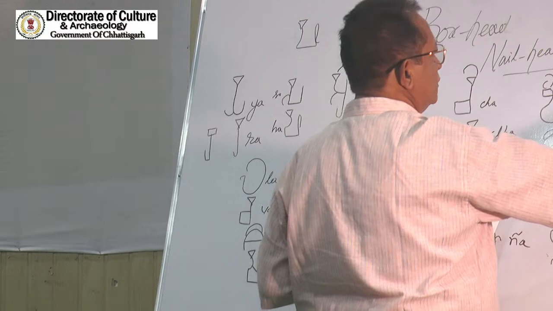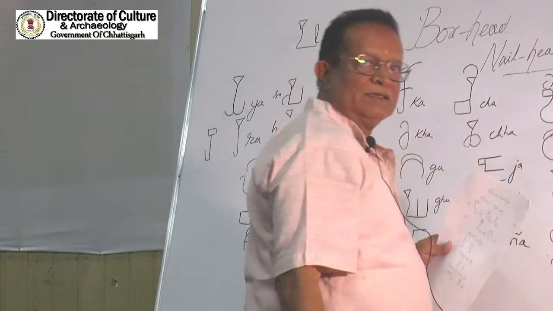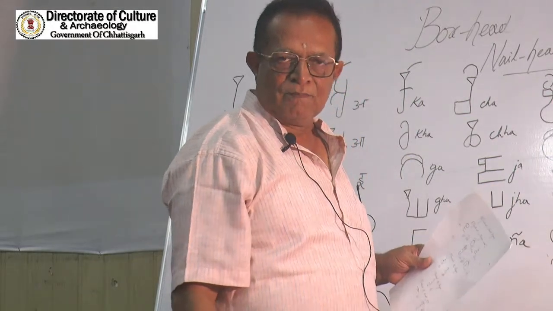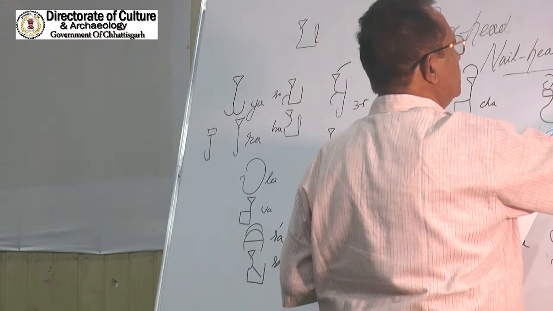So it's the same. I am not going to write again. I am just attaching, as the strokes are already there. So it is one stroke, another stroke. It is the same principle.